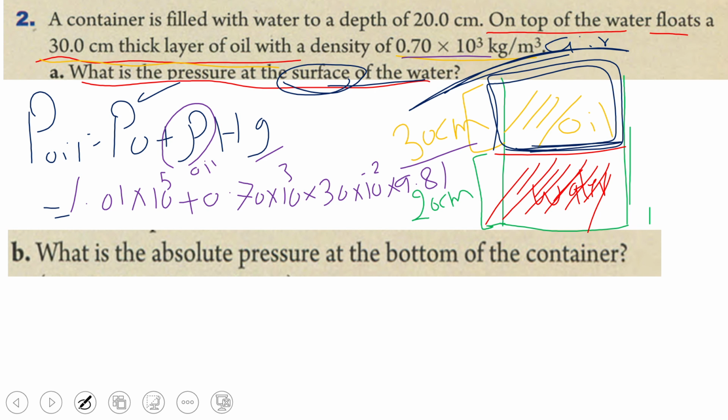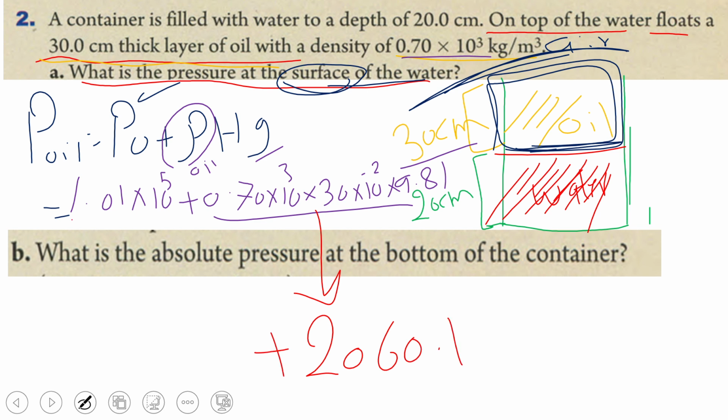Okay, let me use the calculator. First multiply the right side: 0.70 times 10 power 3 times 9.81 times 30 times 10 power negative 2. The right side answer is equal to 2060.1.